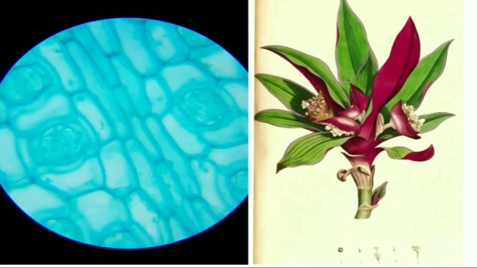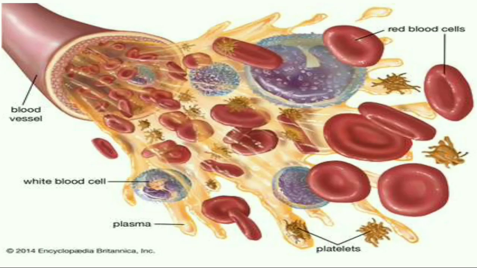See, if we see a leaf in a microscope, then you will see the structure of cells this way, and this is the cell structure of human blood. Both have different size and shape.